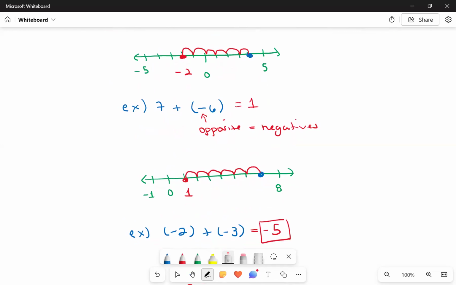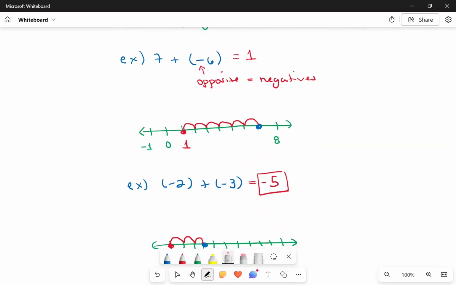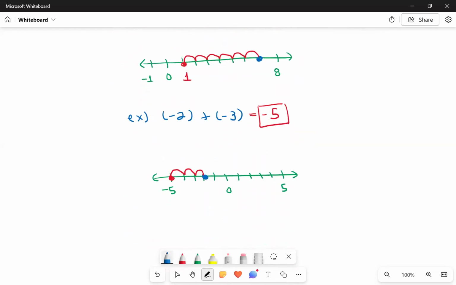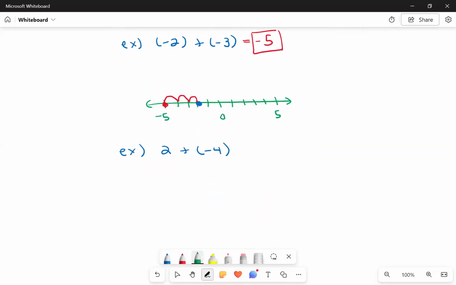That's not always the case. For instance, if I started with, let's say, 2 plus negative 4. I'm starting at 2 and thinking I was going to move right, but then the negative makes me move to the left.